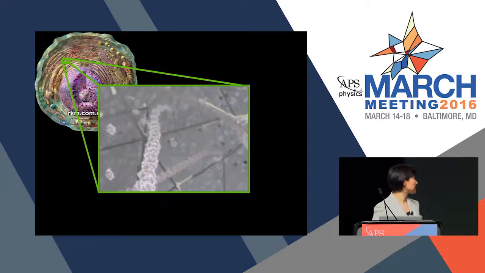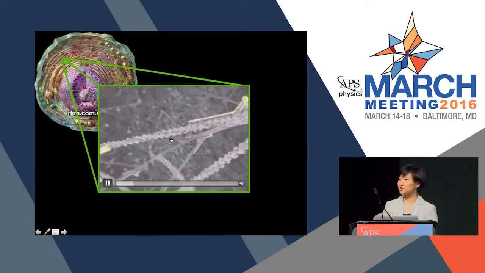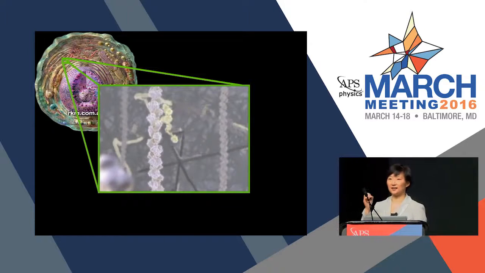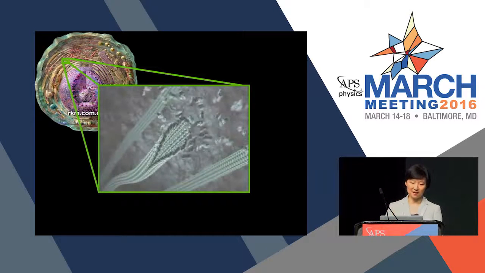As you can see, cells are made of molecules. And there are so many different kinds of biomolecules, and they interact in very intricate networks, and together they give the cell its life.